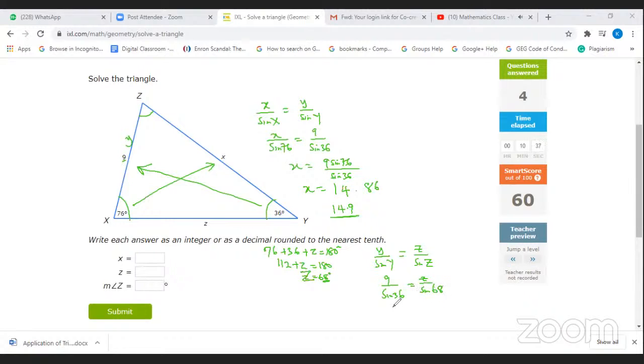If you cross multiply, we have z equals 9 sine 68 over sine 36.